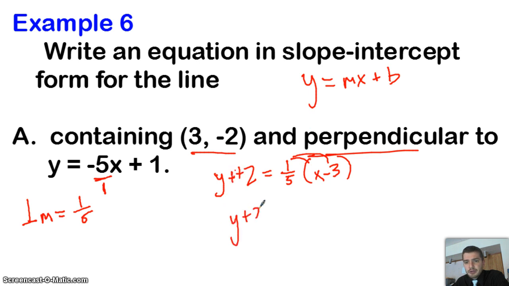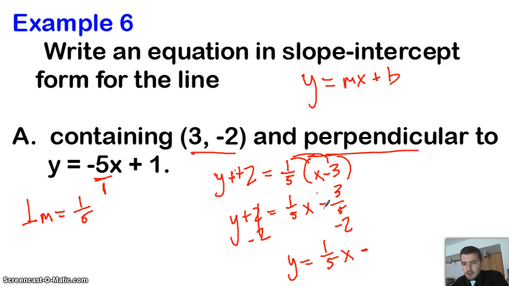So y plus 2 equals 1/5 x minus 3/5. And the last step here, I will subtract 2 from both sides. So my final answer then will be y equals 1/5 x minus, now they're the same sign, so it's just like adding, so it's actually going to be 2 3/5. And you can do a decimal if you wanted to as well, it doesn't really matter.